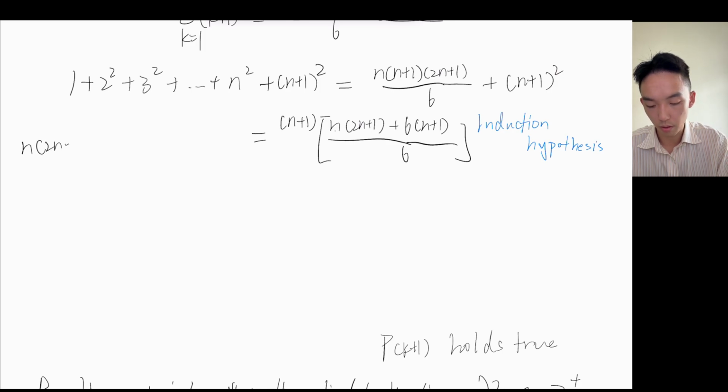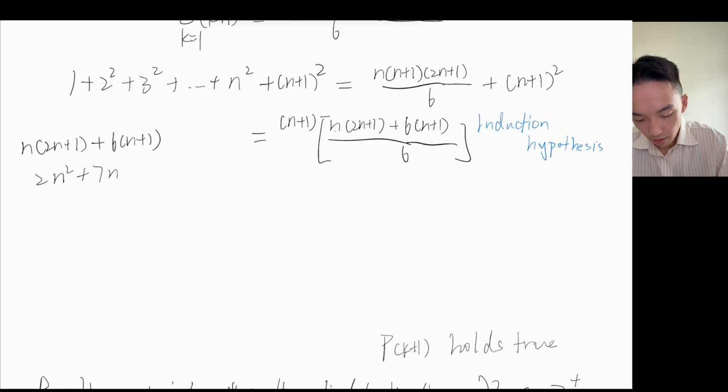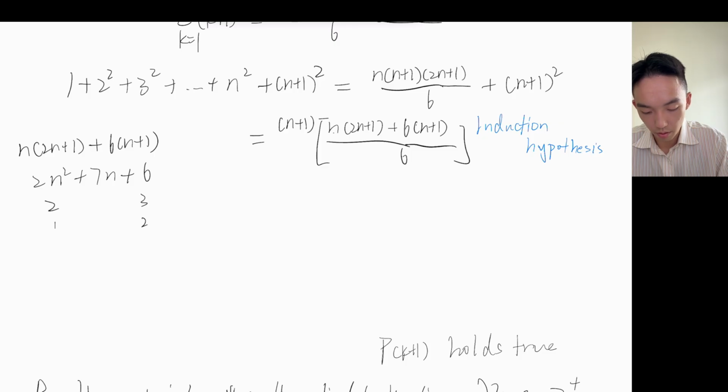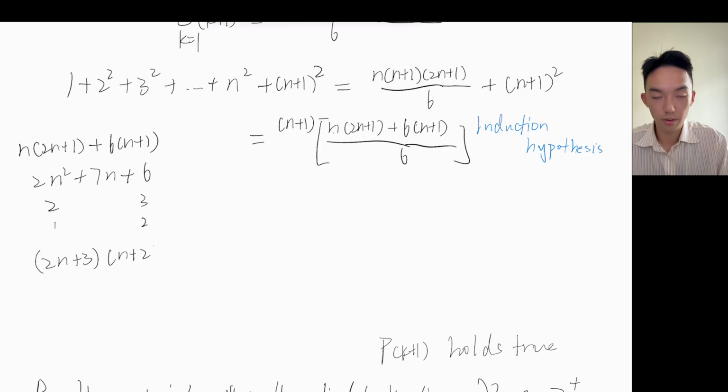This is equal to 2n squared plus 7n plus 6. This can also be factorized into 2n plus 3 times n plus 2.